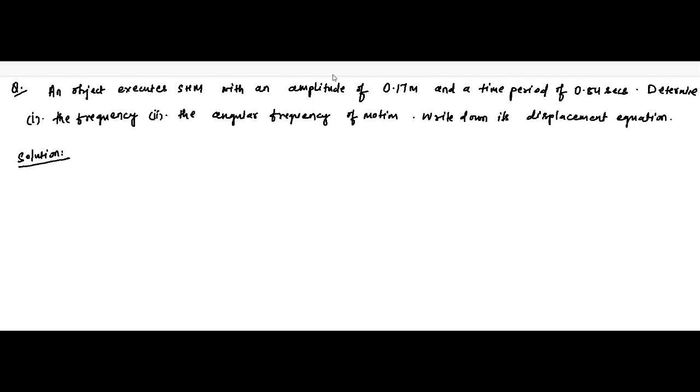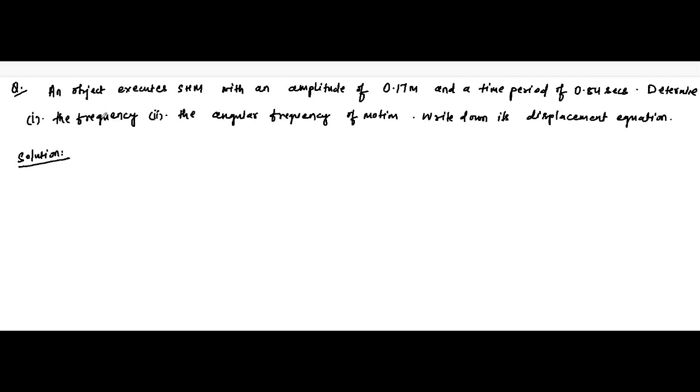So here is another question on simple harmonic motion, SHM equation basics. Here it is given that an object executes simple harmonic motion with an amplitude of 0.17 meters, and a time period of 0.84 seconds.